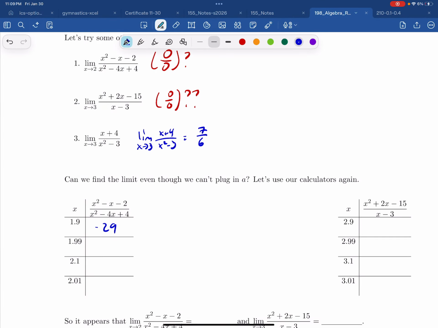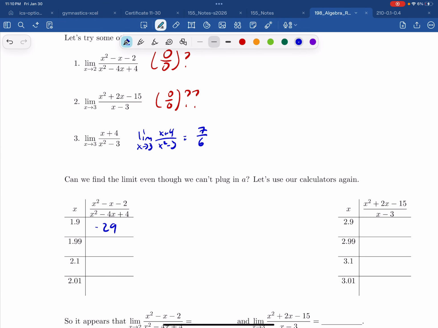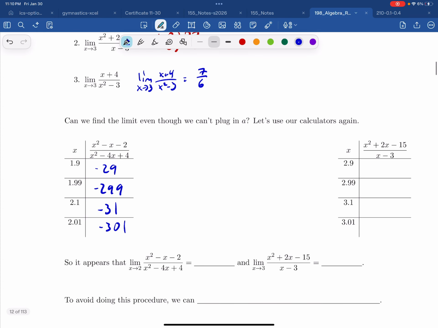Yeah, negative 29. What happened when I went up here? Negative 299. Okay, right. This is negative 31. This is negative 301. Okay, so it looks like this limit, let me cross this out right here, because this limit does not exist.